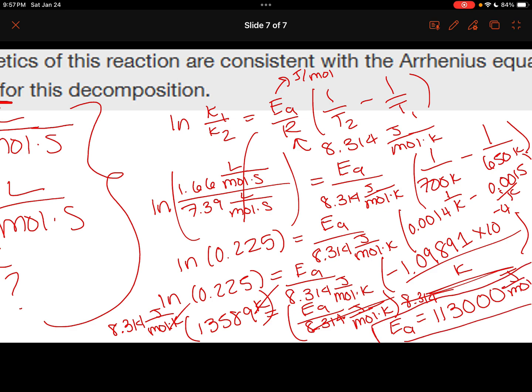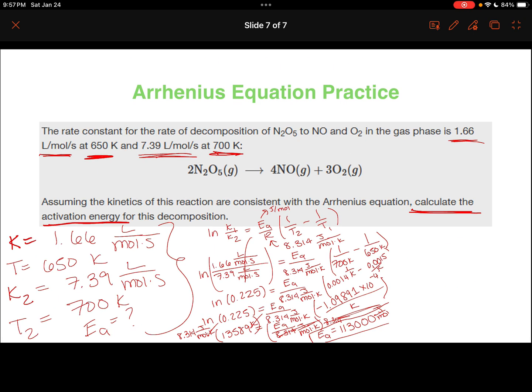All right, so that is an example of how we can use the Arrhenius equation to find the activation energy. All right, and I'll have more practice problems in your guided notes assignment.